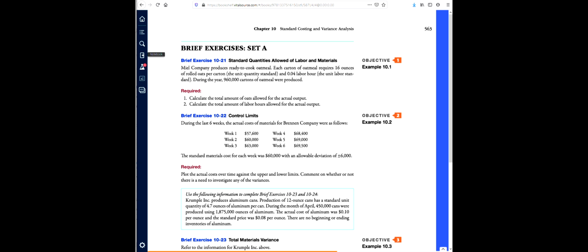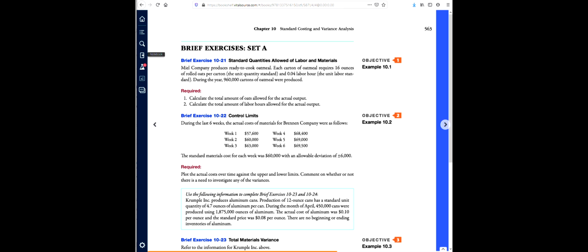We have no variances below the lower control limit of $54,000. Where I got that $54,000 was the $60,000 standard less the allowable deviation. So there are no weeks that were below the control limit.